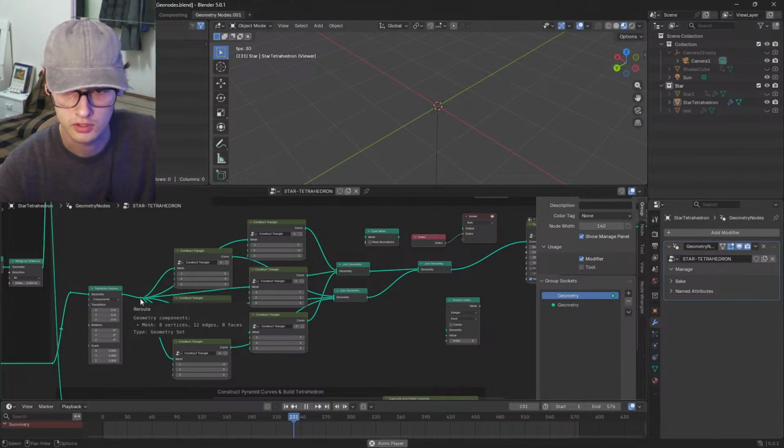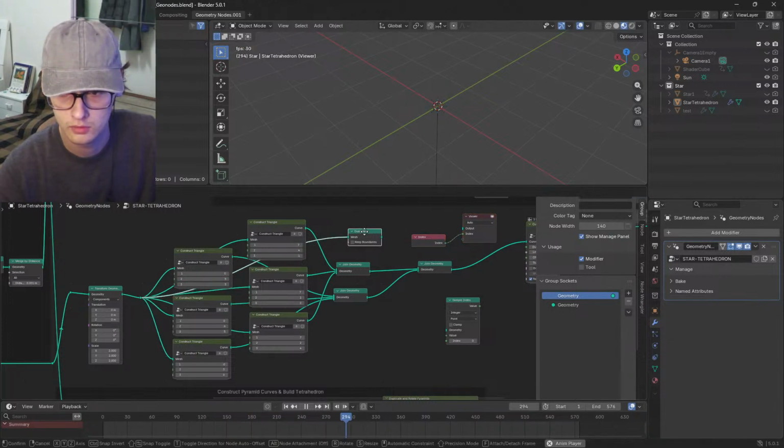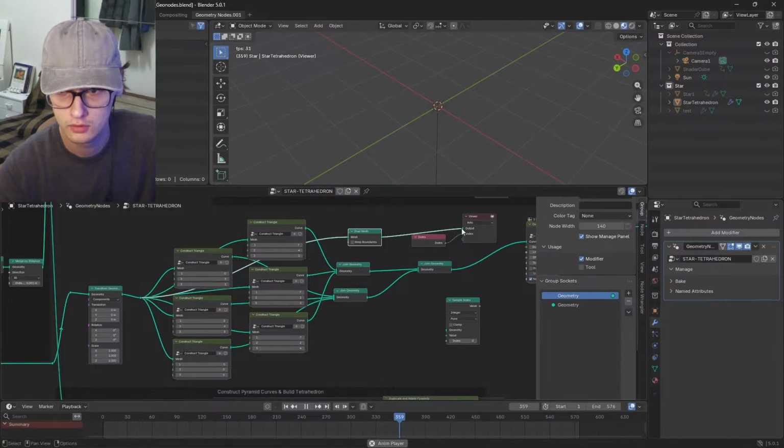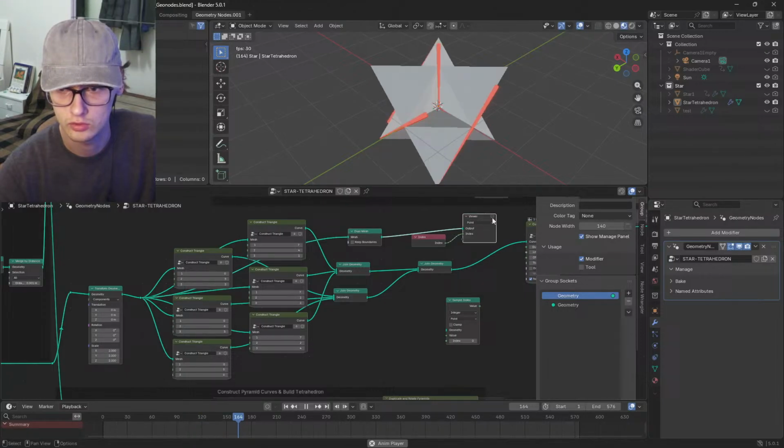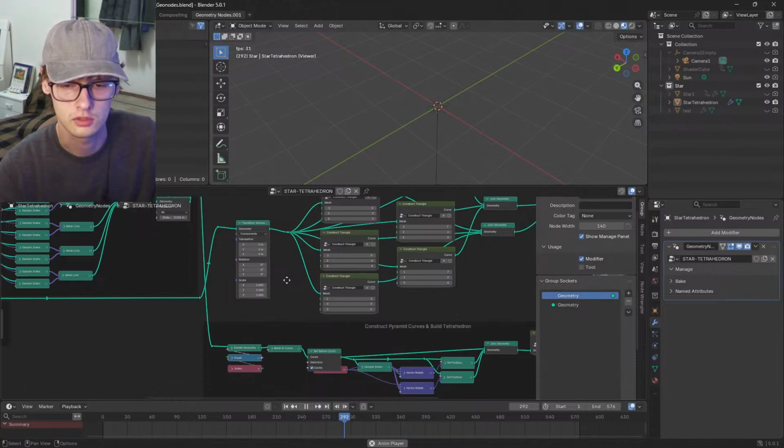Only one way to find out. Doesn't work, I think. Show me the index point number. Oh, that's because the faces are deleted.